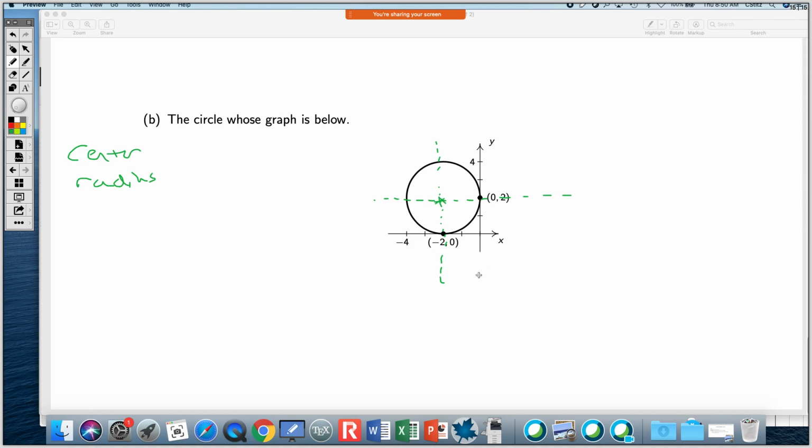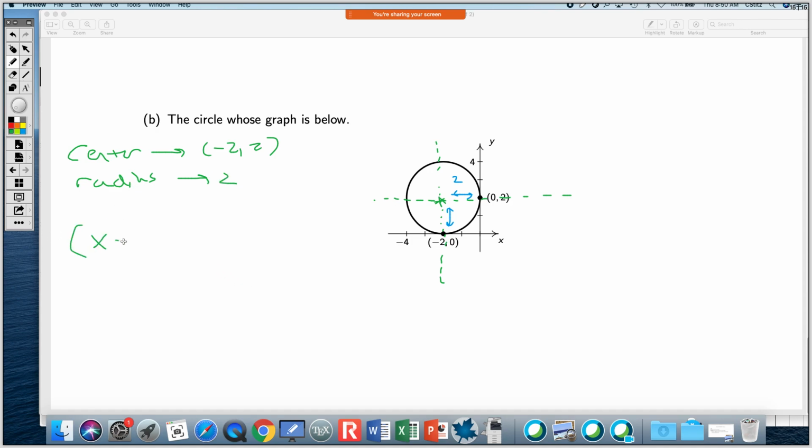That would be your center. Well, it would be at -2, 2. Center's at -2, 2. And then what would the radius have to be? Well, how far am I moving from the center to the points? Radius is 2.